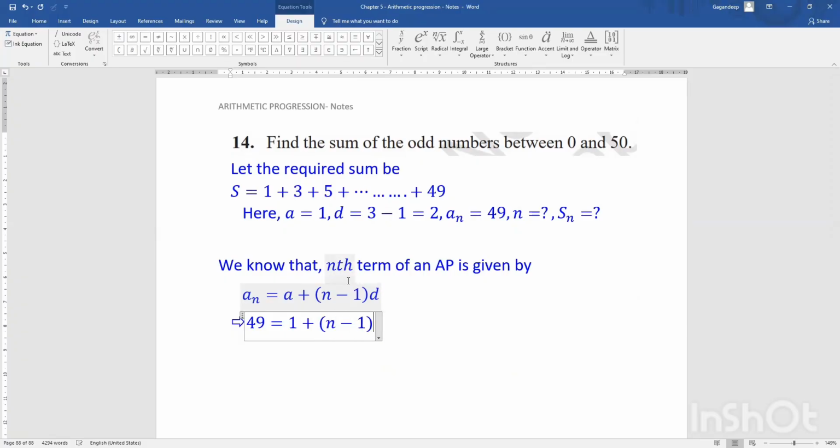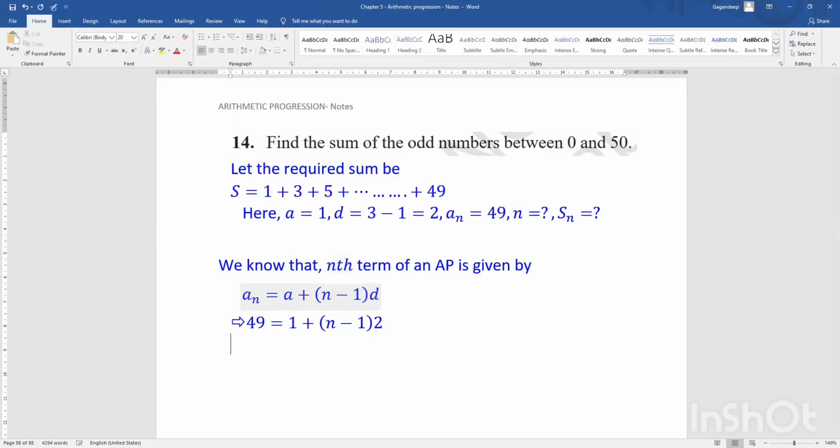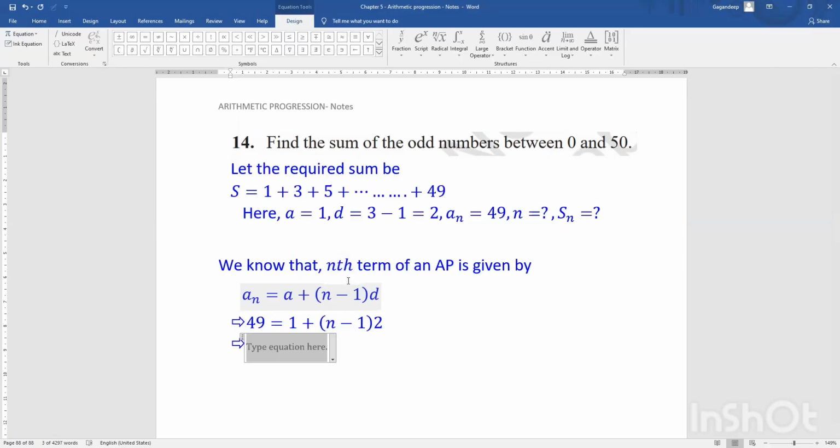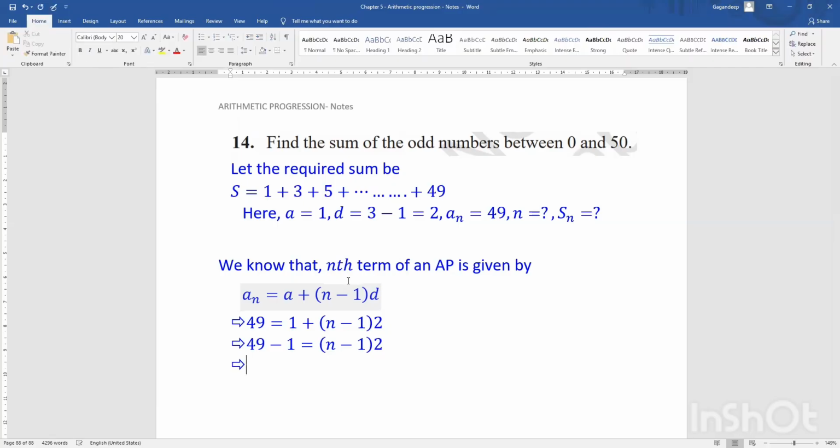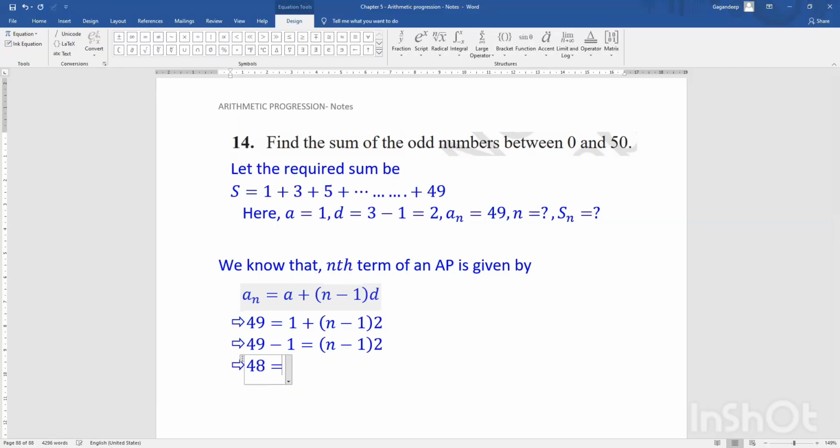The d value is 2, which is equal to, then we have 49 minus 1 equals (n minus 1) into 2. Okay, it's nothing but 49 minus 1 is 48 equals (n minus 1) into 2.